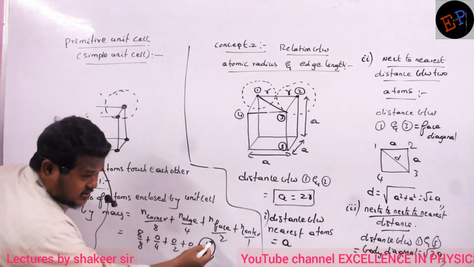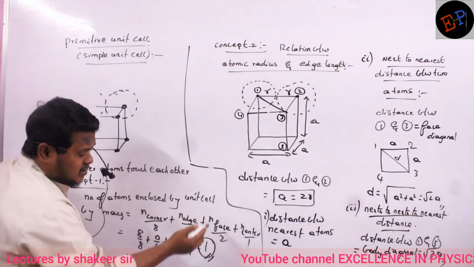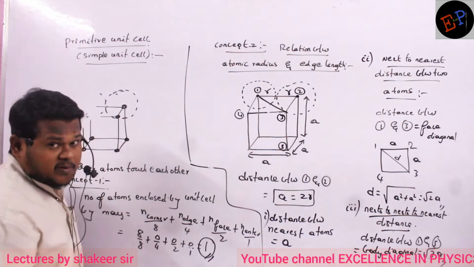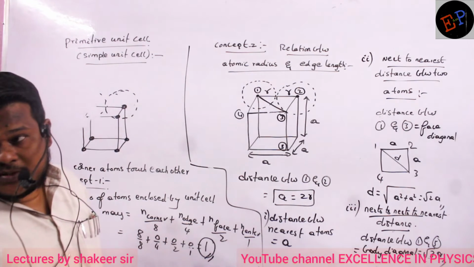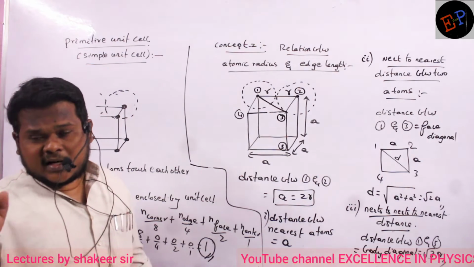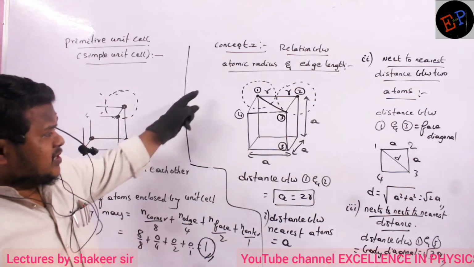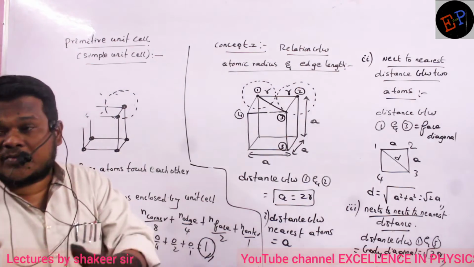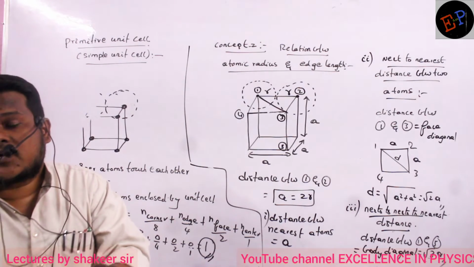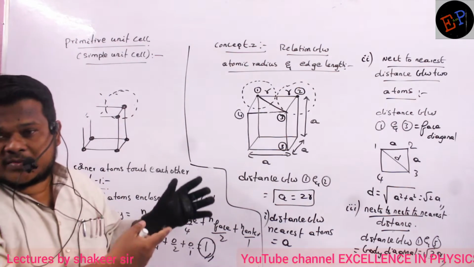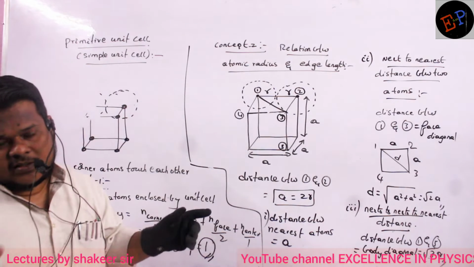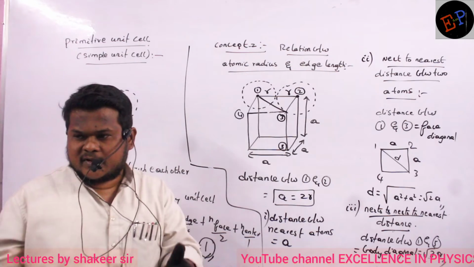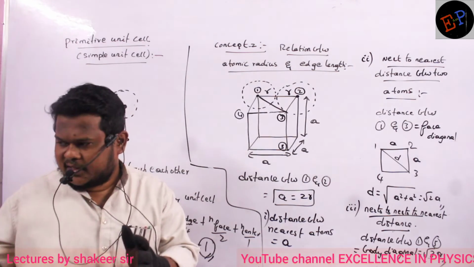What is meant by 1 here? Primitive unit cell will cover how many atoms by mass? 1 atom. Primitive unit cell will cover only 1 atom by mass. Because every corner atom, it will contribute how much percentage of mass? 1/8 of the mass. Total 8 atoms are there, no? 8 into 1/8, 1 atom only. Total it is covered by a primitive unit cell. Is it clear? That's it.